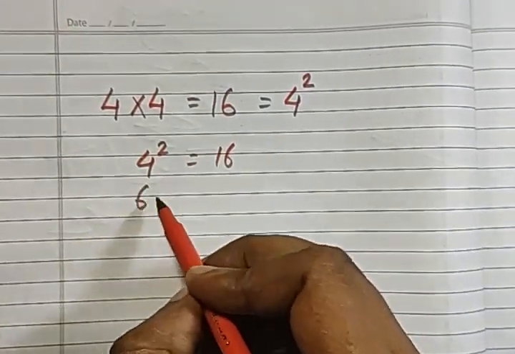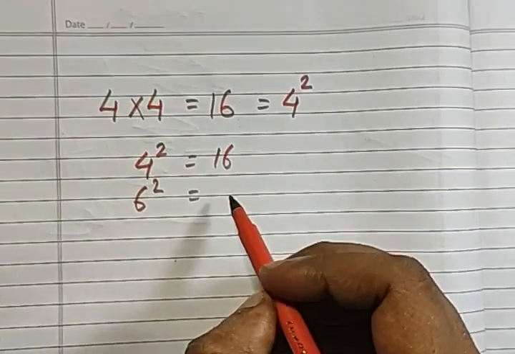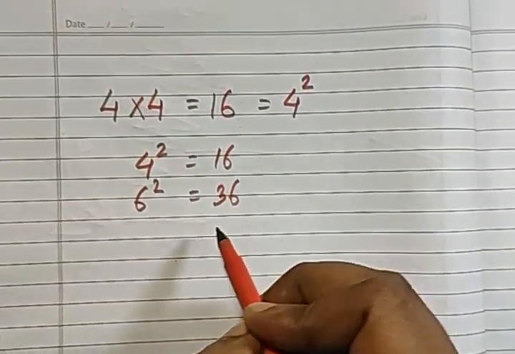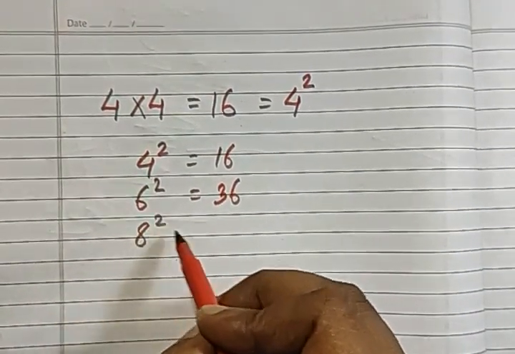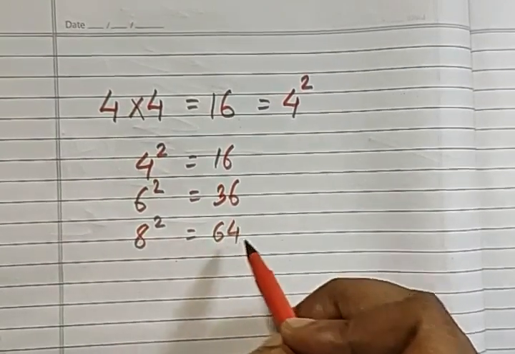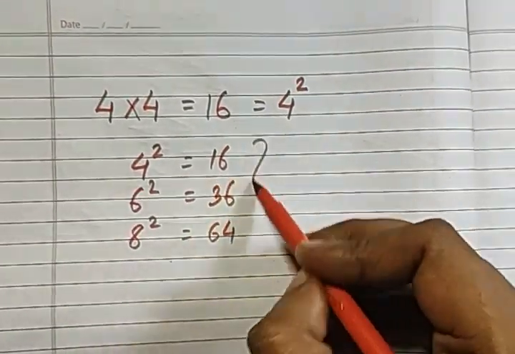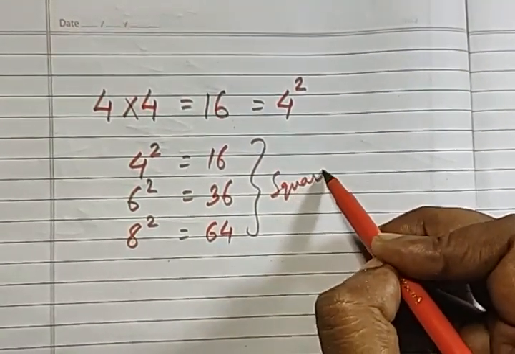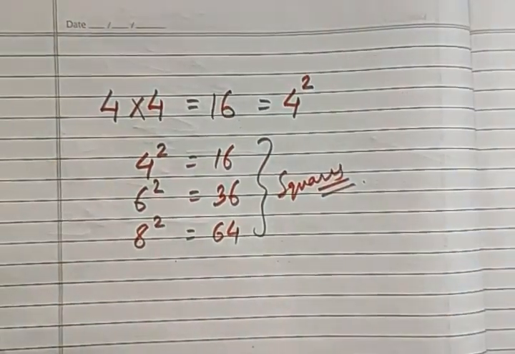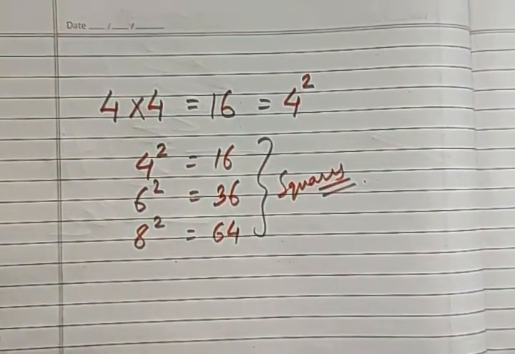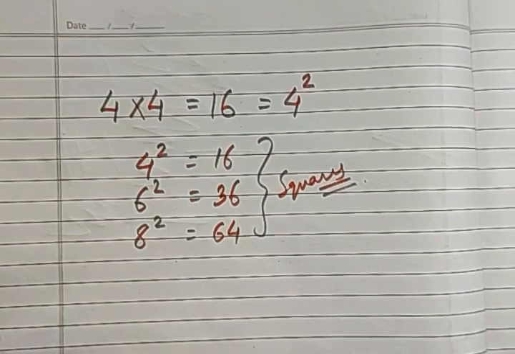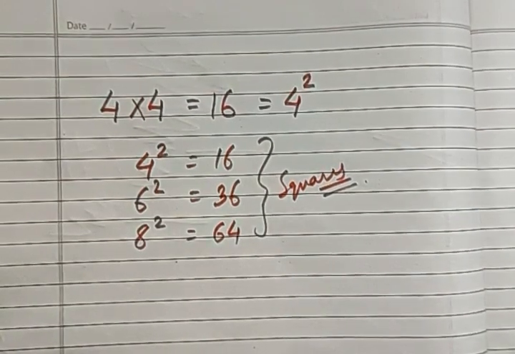In the same way, the square of 6 is 36, and the square of 8 is 64. Okay, so these numbers are all called squares.